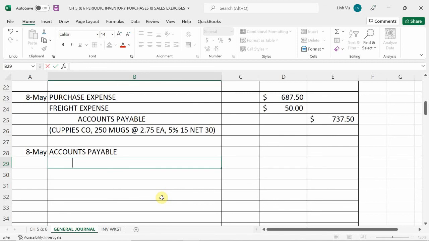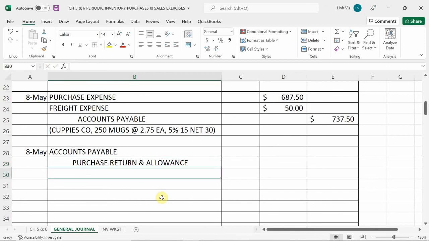Right? In this case, I bought inventory and now I'm returning the inventory. Purchase returns and allowances. But in this case, the vendor does not give me my full refund. He gives me only a portion of the money back. So this is the purchase allowance.